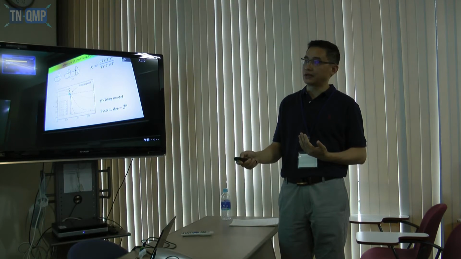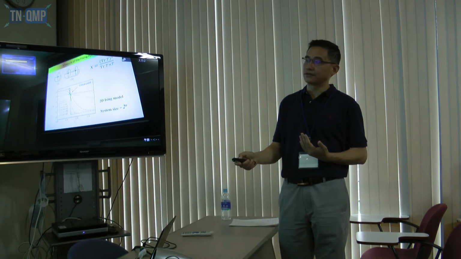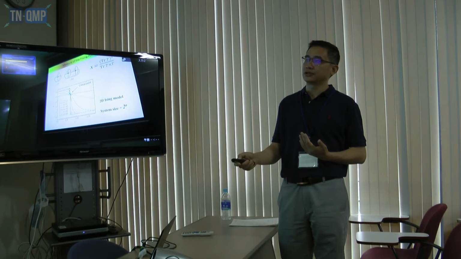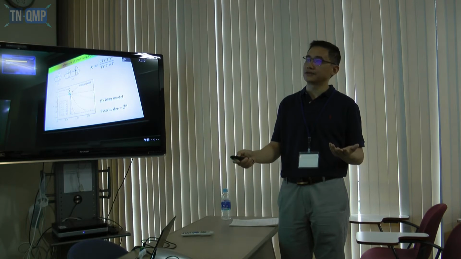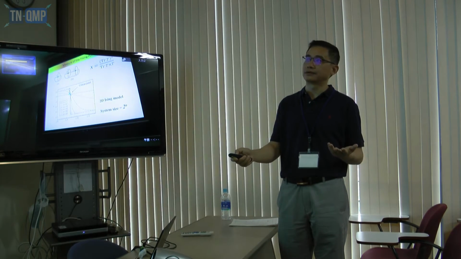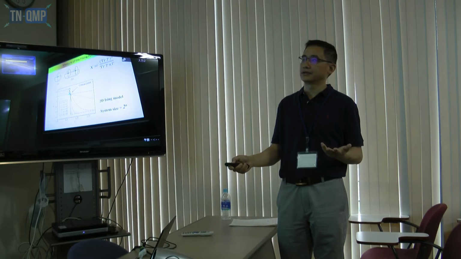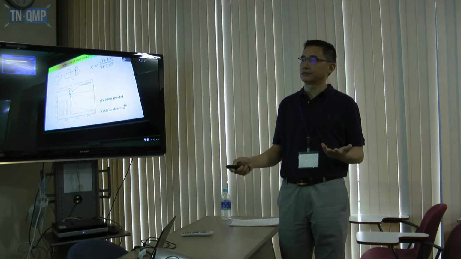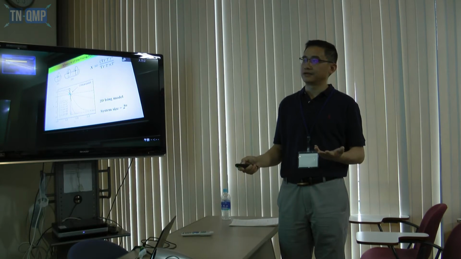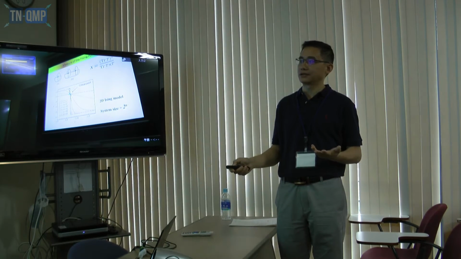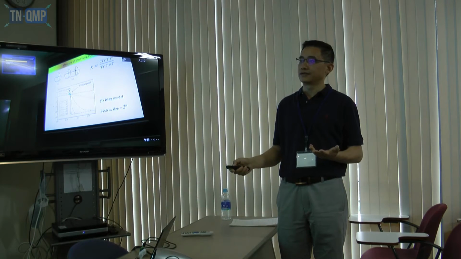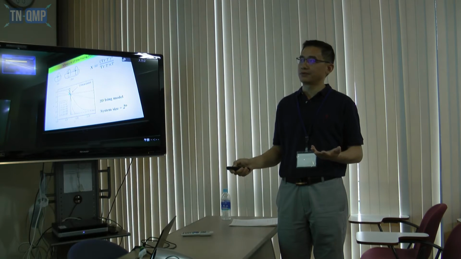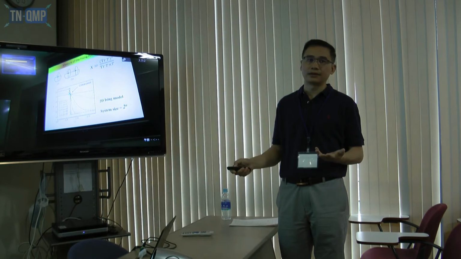For example, this curve is the fourth step of HOTRG. If it's 8, it goes to this; if it's 12, it goes further; if it's 16, further still. If you keep going, it will converge.